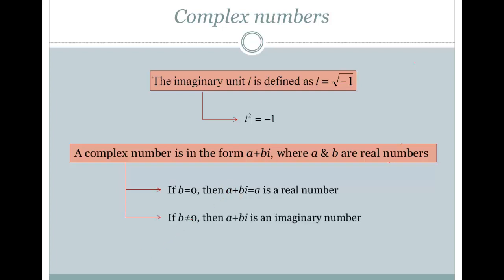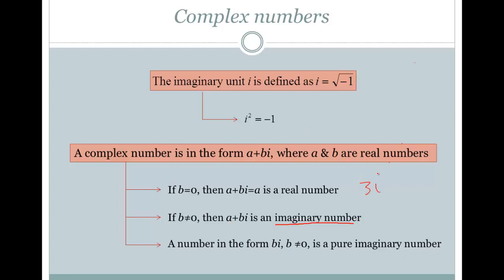If b is not equal to 0, we have what we call an imaginary number. a is the real part of the number, b is the imaginary part, and we'll have a pure imaginary number if a is equal to 0. So a number, for example, 3i, that's a pure imaginary number.